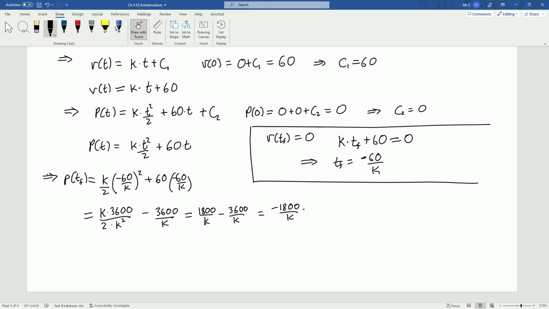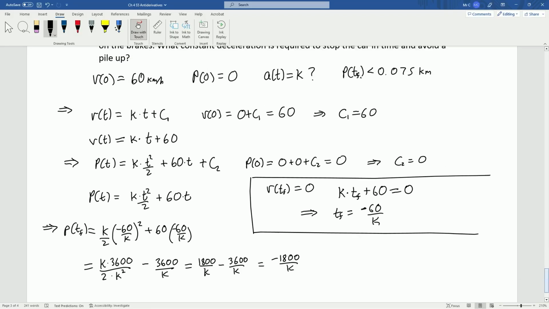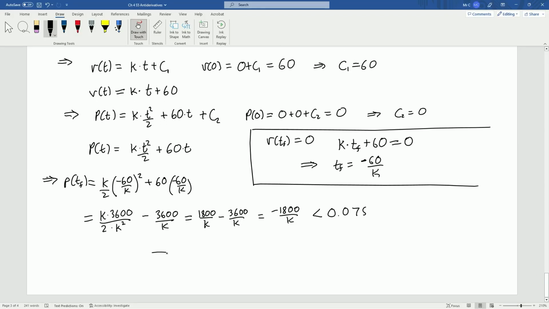But remember, what did we want? We wanted this position at our final time to be less than 0.075 kilometers. So we want negative 1,800 over k to be less than 0.075. If we solve this inequality, we multiply k across and divide, and we get negative 1,800 divided by 0.075 should be less than k.